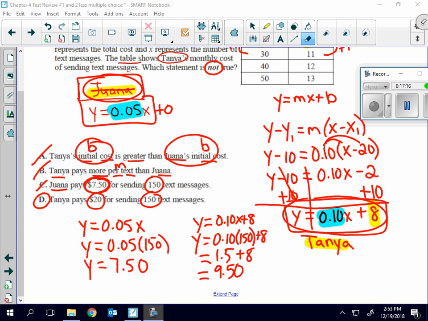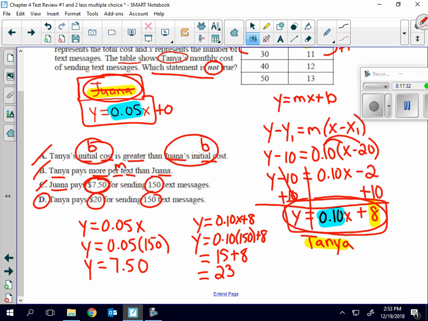Sorry, I just noticed this was 15. 15 plus 8 is going to be 23. So that one's not true, and that's what we're looking for, which statement is not true.